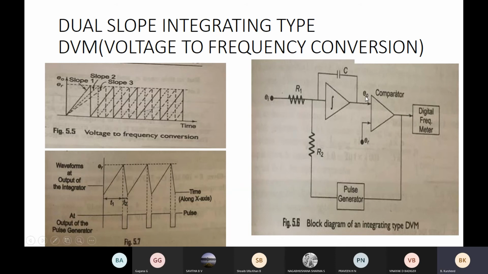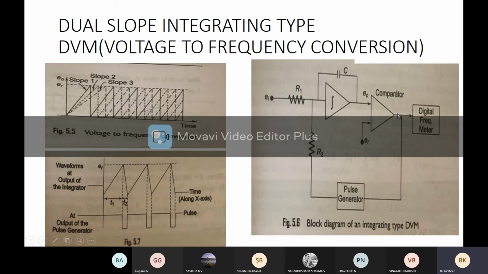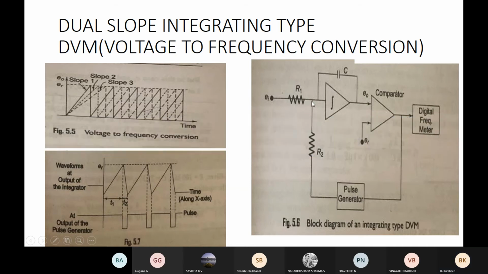If E0 is greater than ER, then the output will be positive. When the output is positive, the digital frequency meter will give the reading. When the output is negative, the pulse trigger will give a feedback signal so that the capacitor will start to discharge. In this manner it will function.